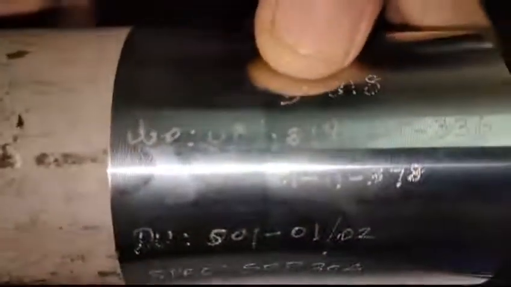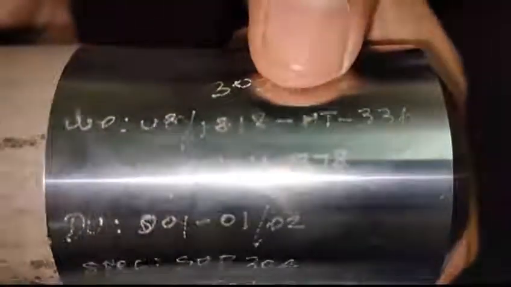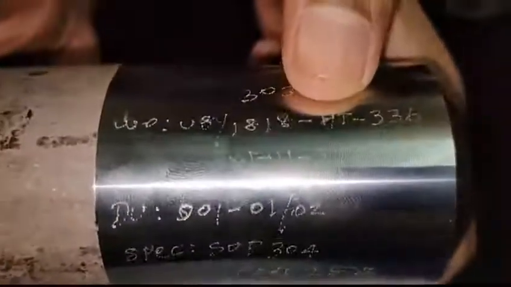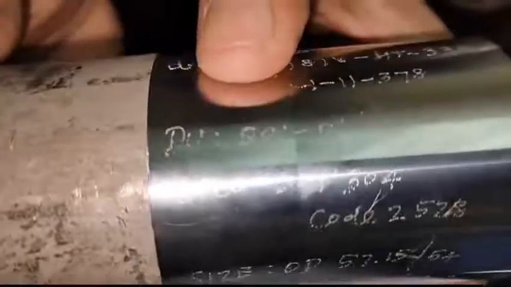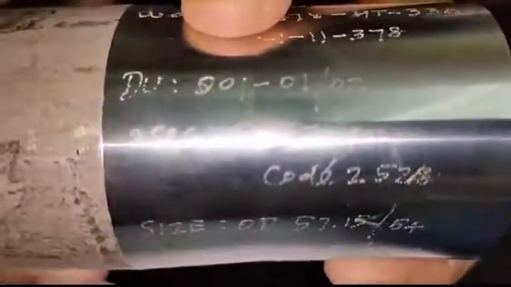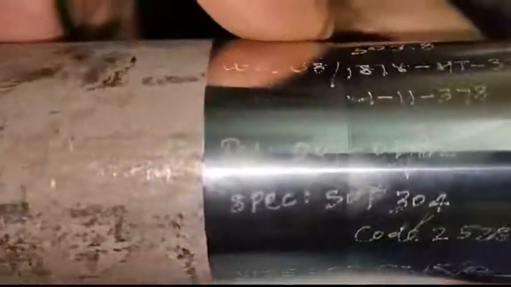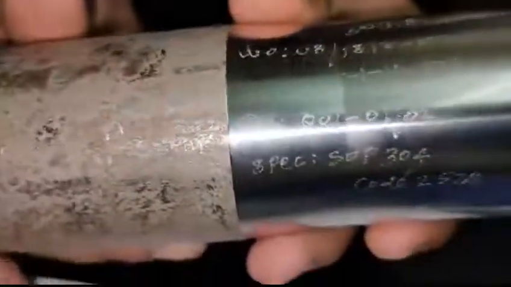Here you can see our firm code 30318, work order U8 1818 HT 336 111 378. So it belongs to North Chennai project. Here you can see our due number 001 and 0102.